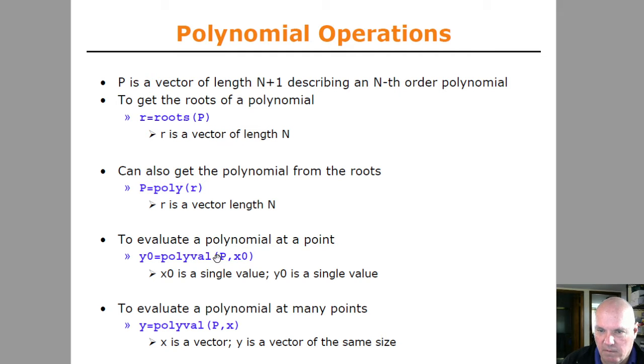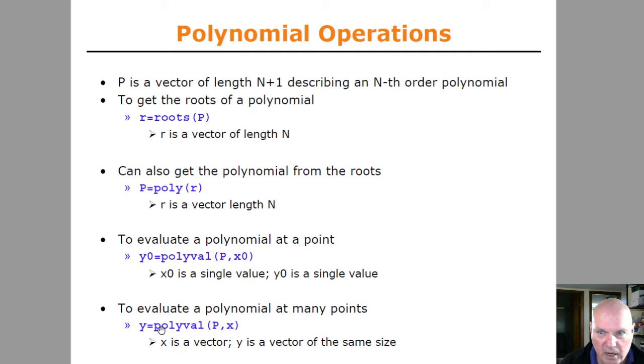So this would evaluate this polynomial at the value of x0, and then return the value of that polynomial at that point. The argument here can also be a vector, in which case polyval will evaluate the polynomial at all of those x values and return another vector of the same length.